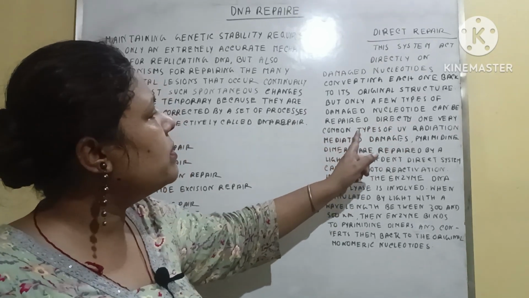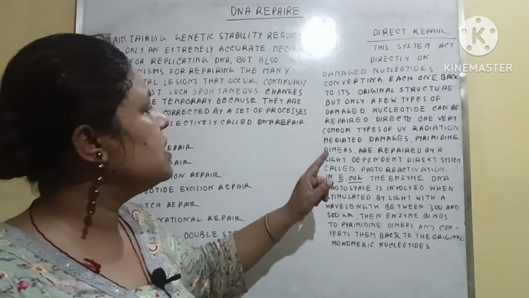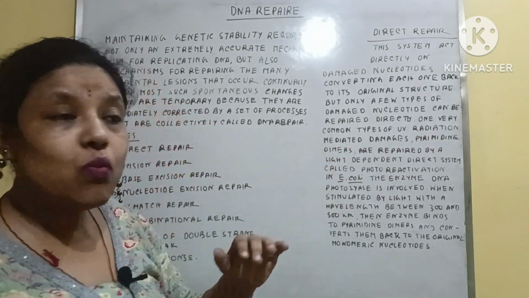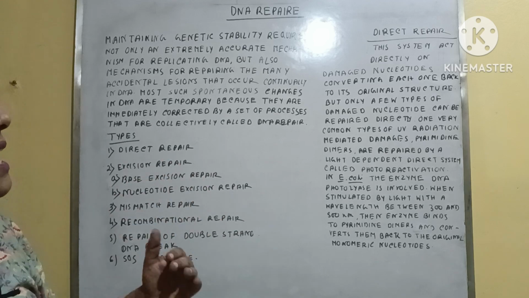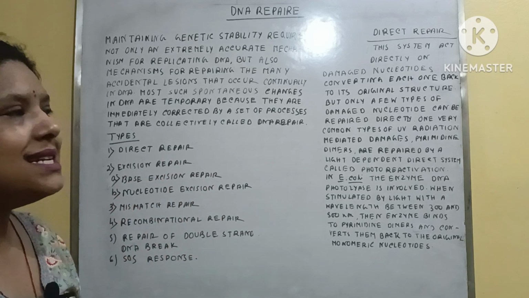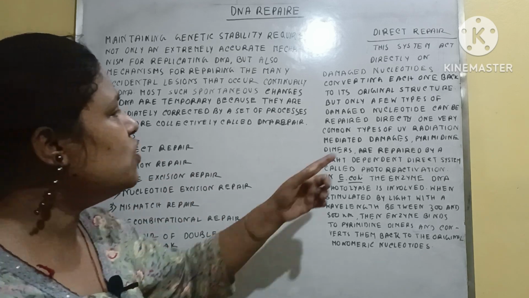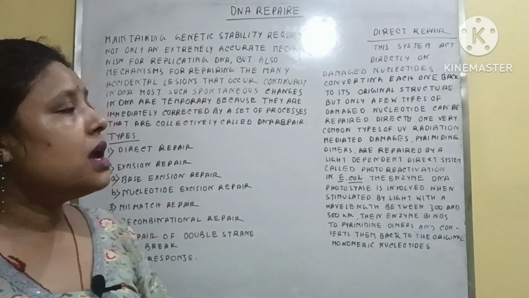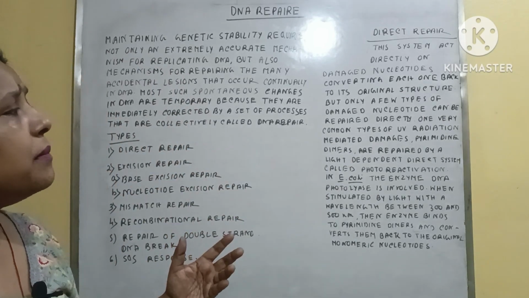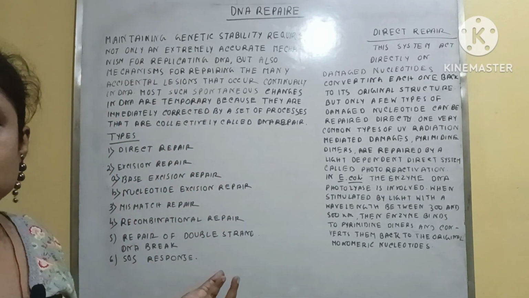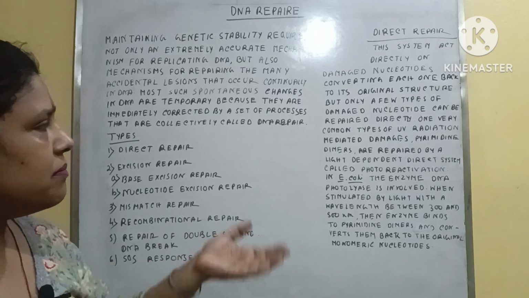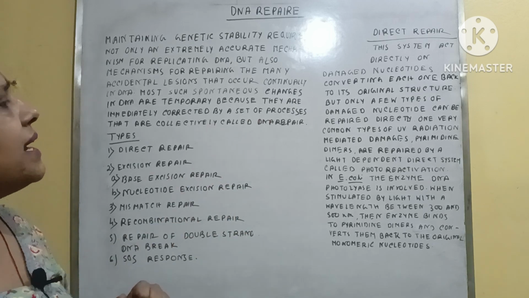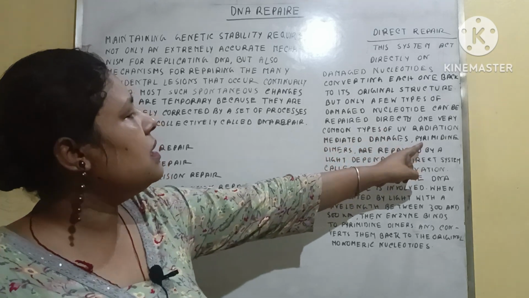One very common type is UV radiation mediated damage. What kind of damage is repaired here? If any DNA nucleotides are damaged by UV radiation, the DNA may be converted back to its actual original position by this process. Here the pyrimidine dimers are involved.